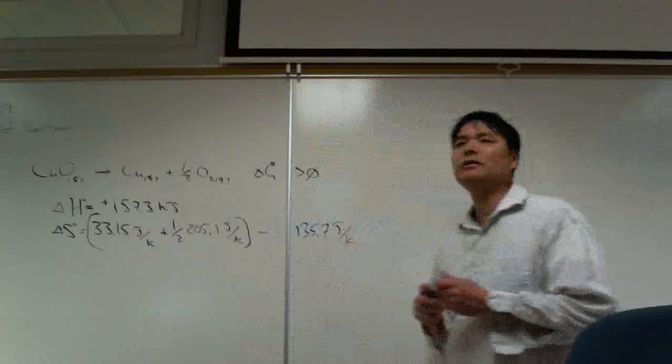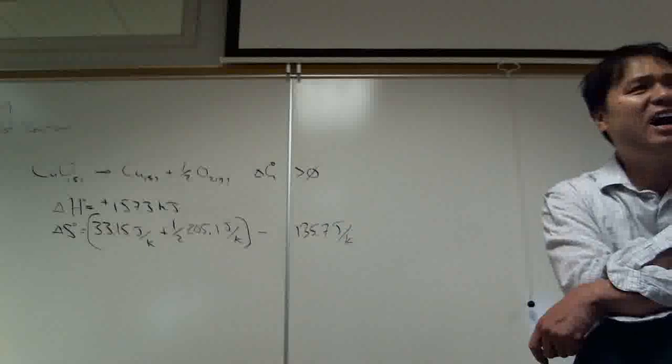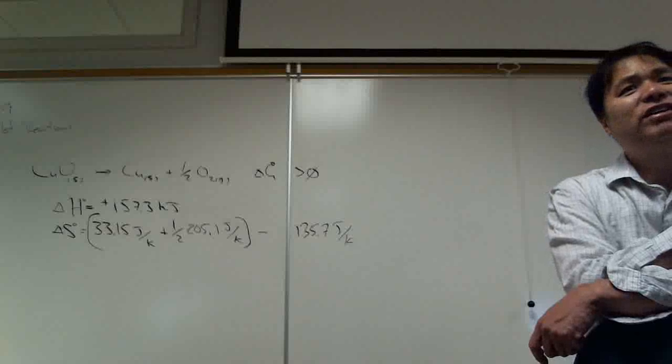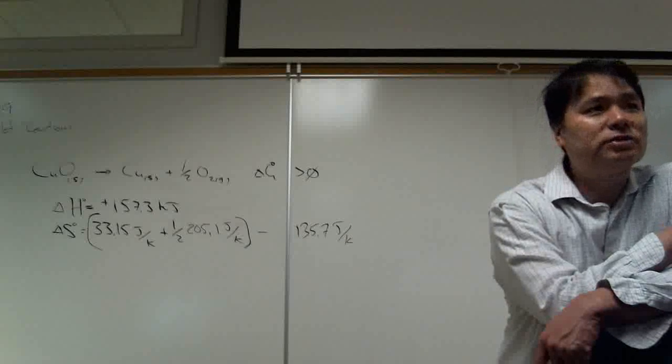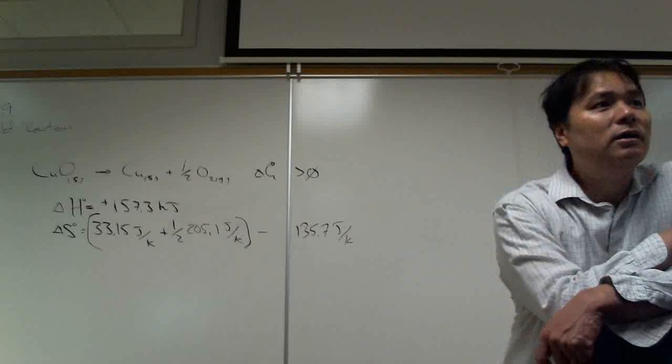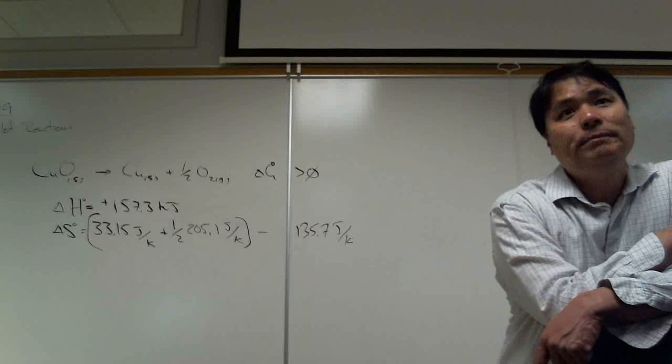Which is, when you consider 135 for a solid, fairly high. Yeah, that's fairly high. There are these outliers. When I'm giving you these ranges, 0 to 100 for solids, 100 to 200, those are just broad averages, right?